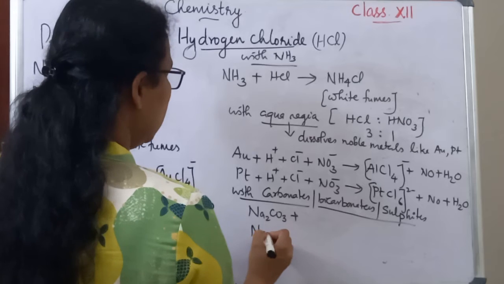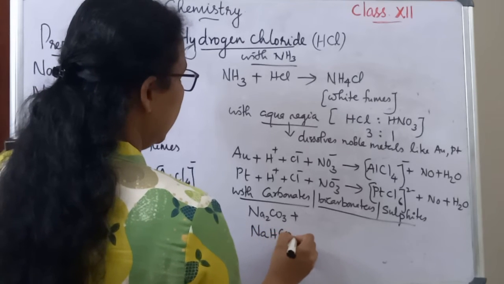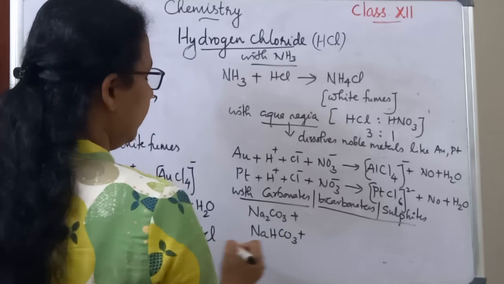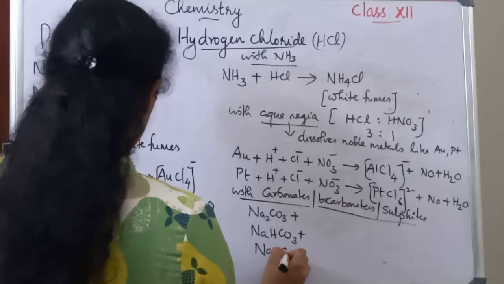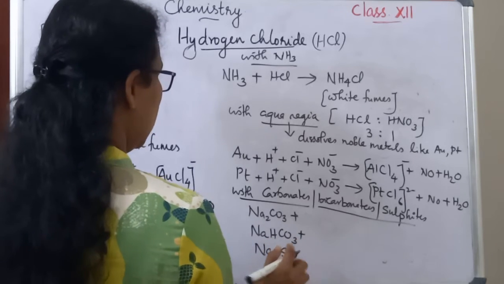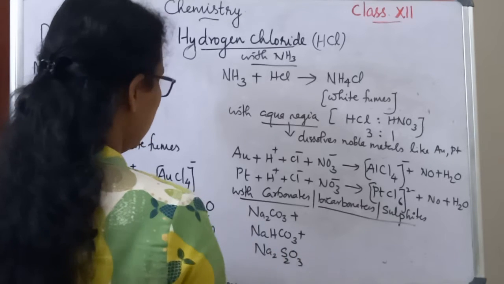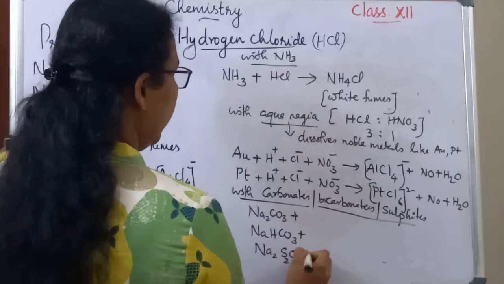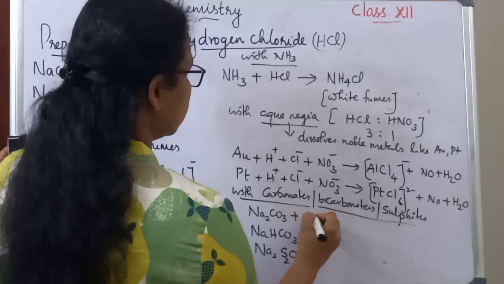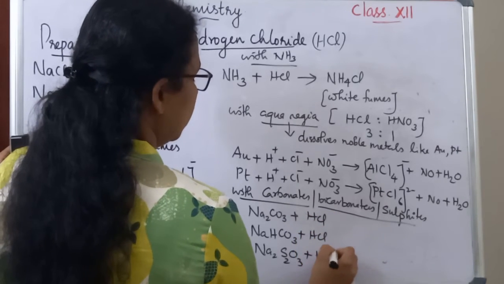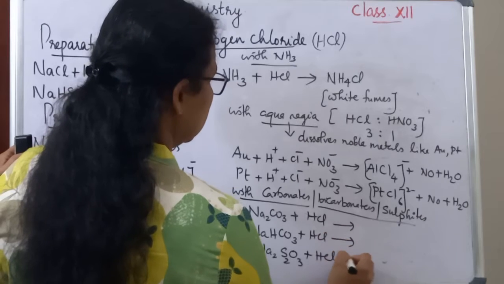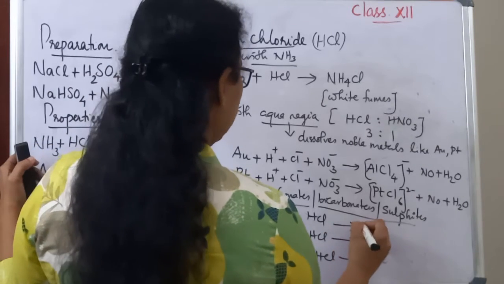So this is very familiar to you. Sodium bicarbonate NaHCO3. Then sodium sulfite Na2SO3. Na2S2O3. So when this reacts with HCl, it produces the corresponding salt.